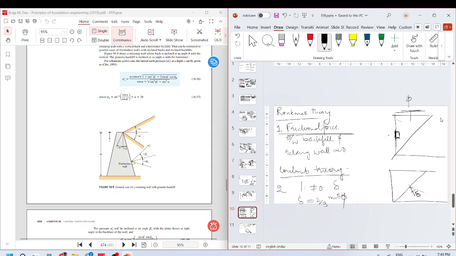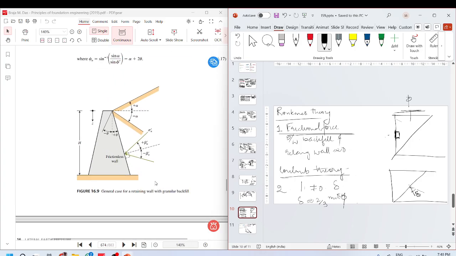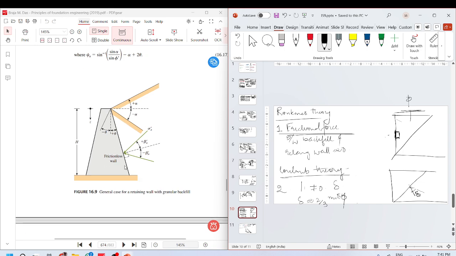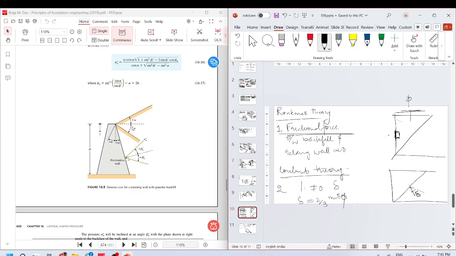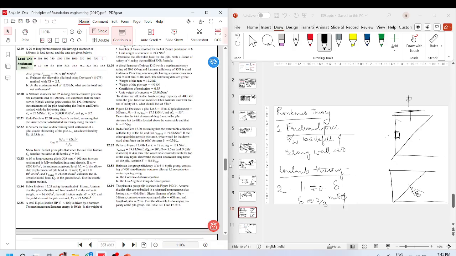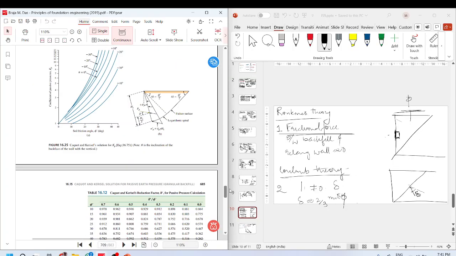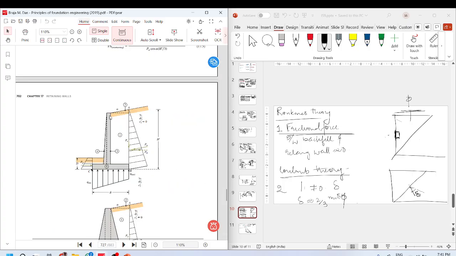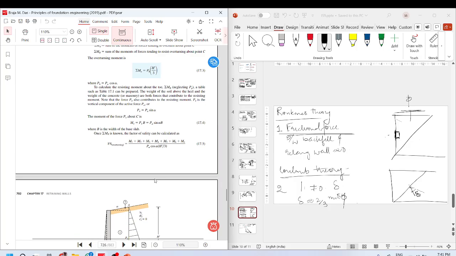So this inclination that you see here, theta, and if you have a frictionless wall, you have an inclination here. Is it mentioned? Yeah, you see here your PA is inclined because your wall is not frictionless.